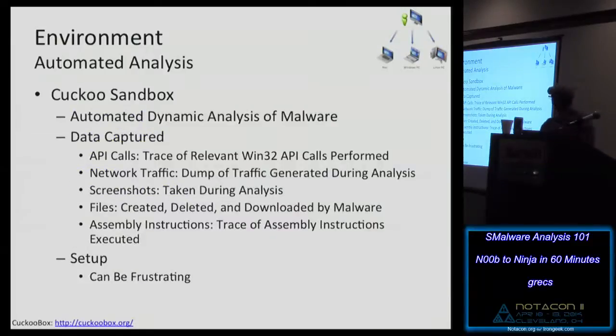So automated analysis, Cuckoo Box is awesome. I think in the past two or three months, they finally put out version 1. This summarizes some of the data that's captured here: the API calls, network traffic, screenshots, file assembly instructions. So it's an awesome tool. You can set this up. The standard setup is usually you have some Linux box like Ubuntu, and then you install the Cuckoo environment.